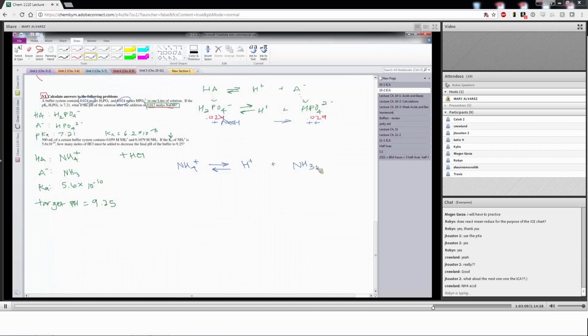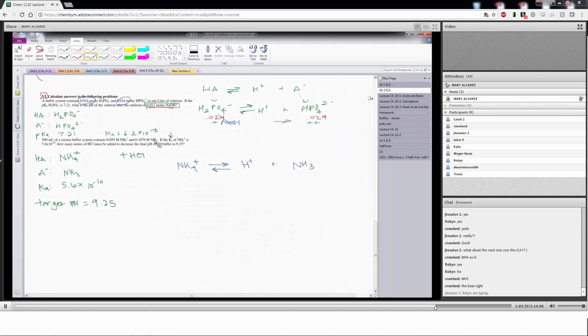Everybody with me so far? Now, if I'm adding HCl, is that going to react with the HA or the A minus? It's going to react with my ammonium or my ammonia. The base.